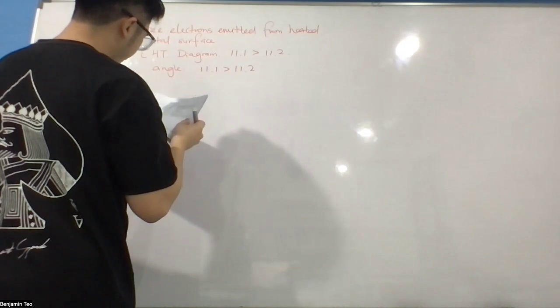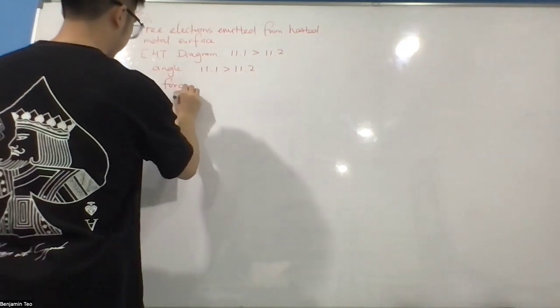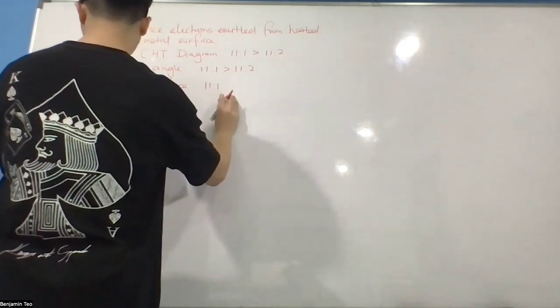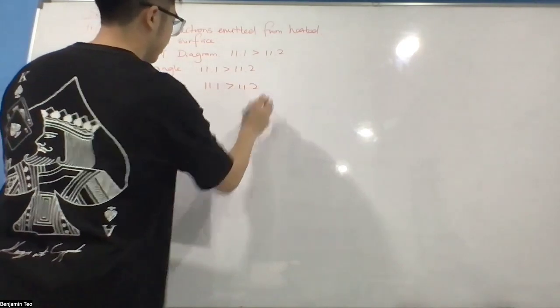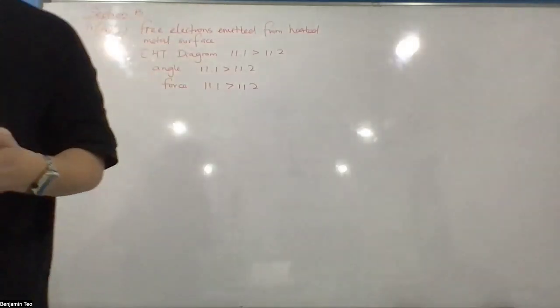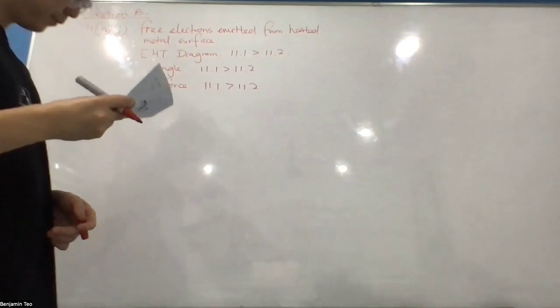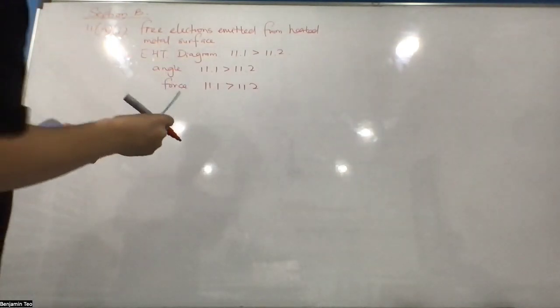The attraction force of the plate on the cathode ray. Relate extra high tension and the angle of deflection.